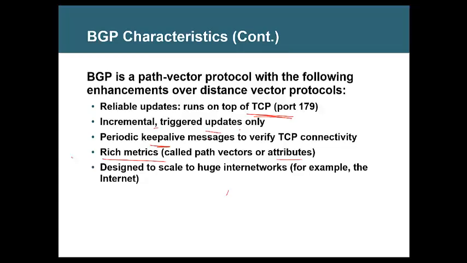That's why it is designed to scale for the huge internet. So you can call it a protocol of the internet. All the necessary policies in the internet can be easily applied using these BGP path attributes.